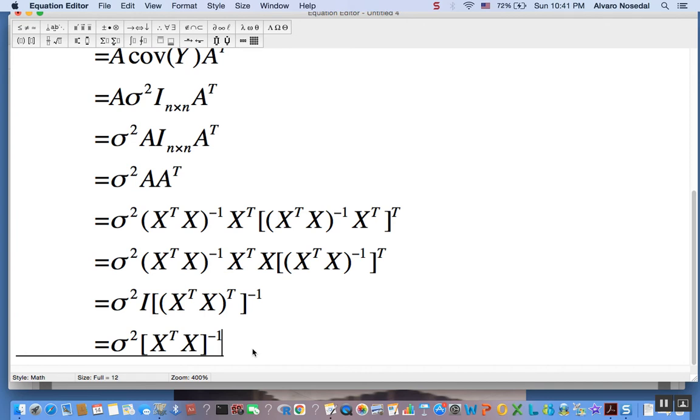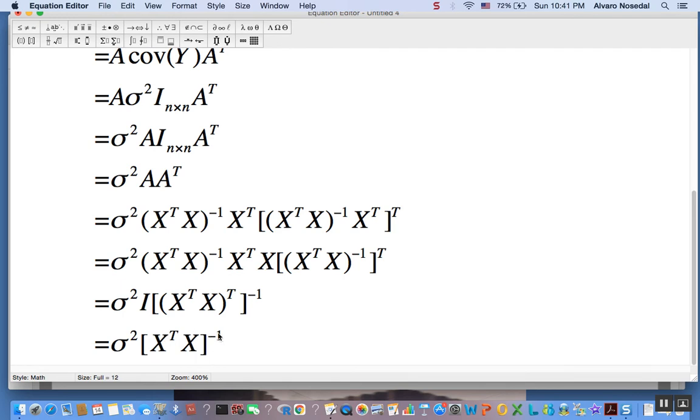As a homework problem, what you could try is seeing that if you do this for the simple linear regression, it's going to work. Okay? And remember that, for instance, when you use a centered model, then X transpose X is going to be diagonal, so finding that inverse is going to be easy. But if you have the classical simple linear regression model, then it's not going to be that easy to find.